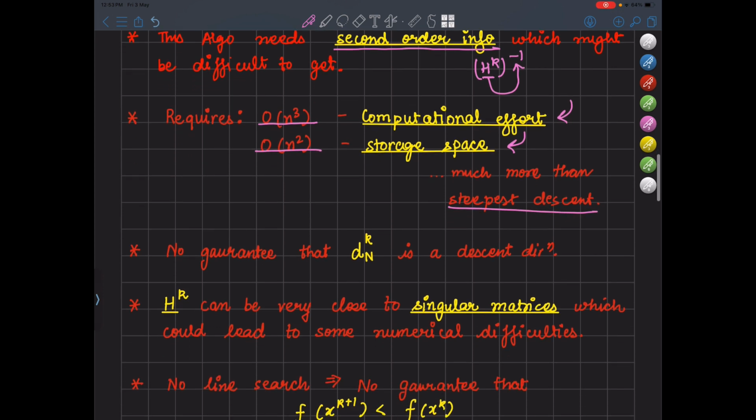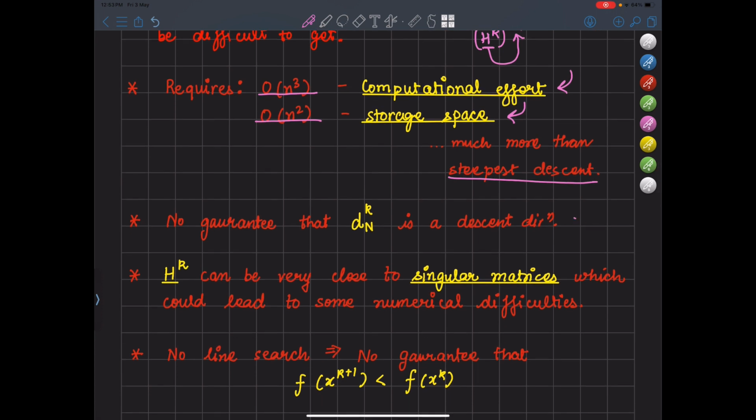Also, there is no guarantee that dnk is a descent direction, because you multiply HK inverse to GK, and there is no check whether this is negative only when this is a descent direction if HK is a positive definite matrix.